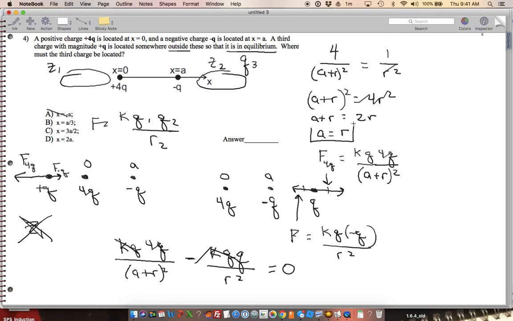So I can put my charge over here in zone 2, at a away. So I'm going to have a here and then a here, and that'll give me equal forces so that my charge doesn't move. So my x is going to be 2a. If the distance from here to here is r, the distance from here to here is a plus a, which is 2a. So my answer is D.